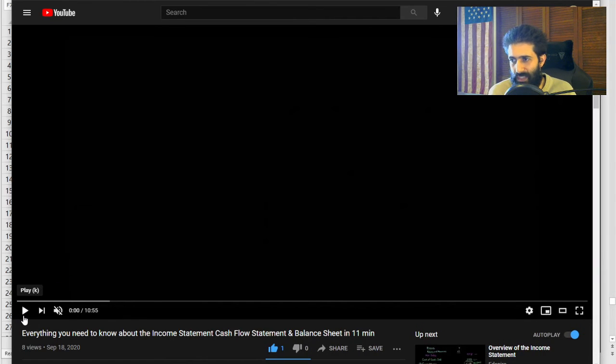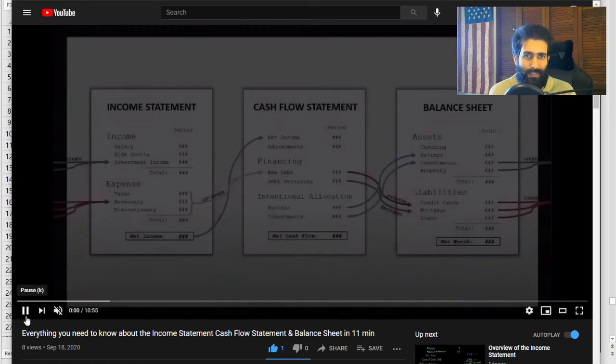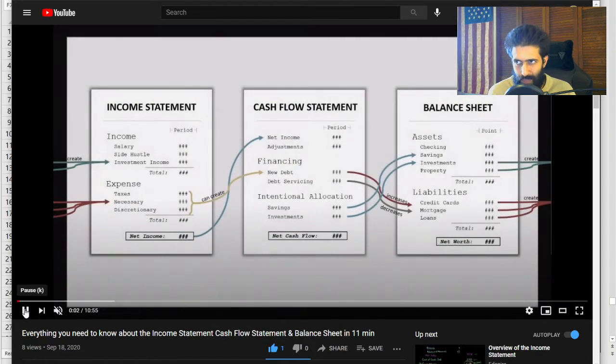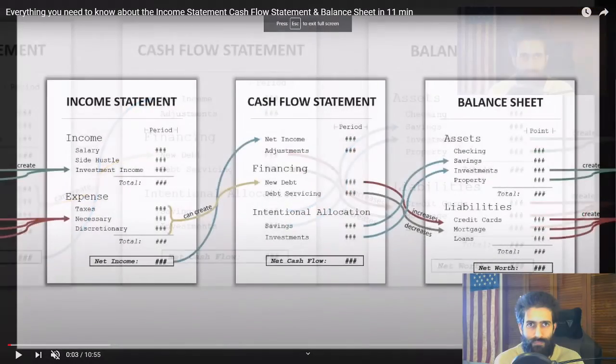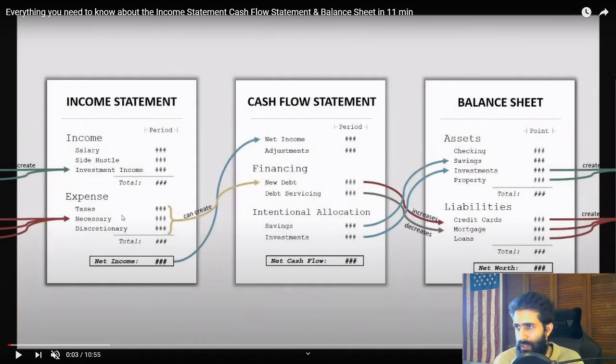But it doesn't necessarily mean that you have to pay off your debt, because if we look at the financial statements, the thing that creates debt is having too many expenses. So if you have too many expenses, that means you're creating new debt.